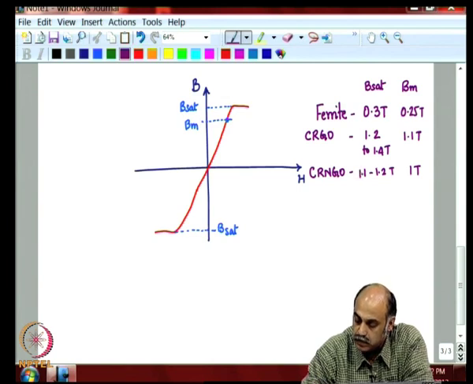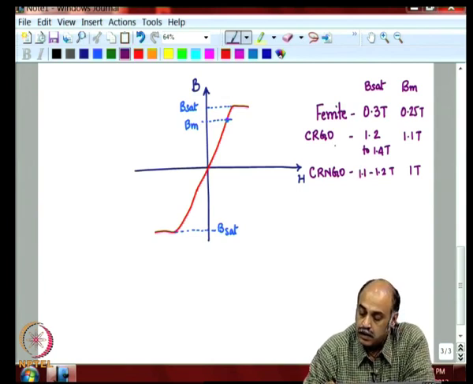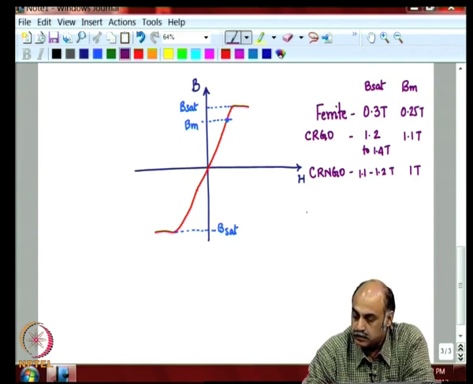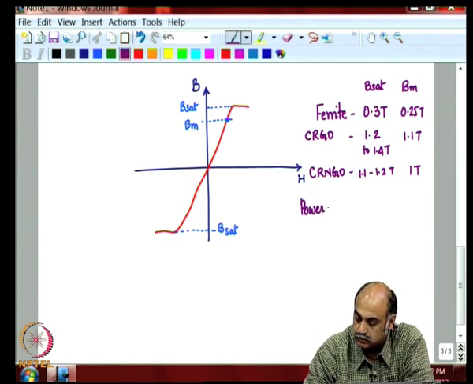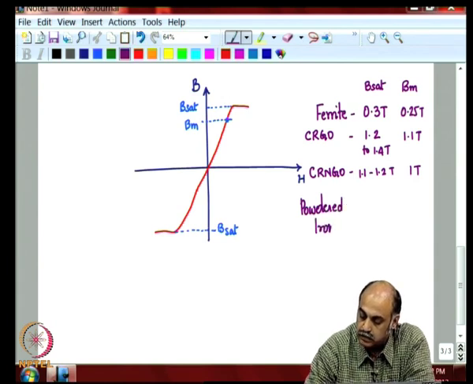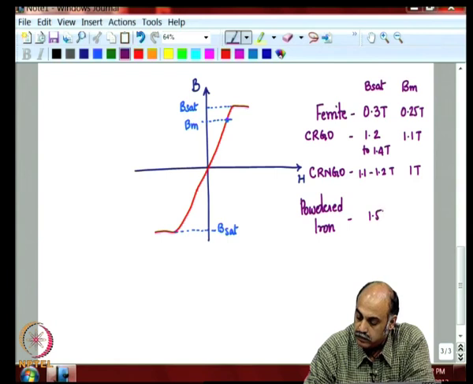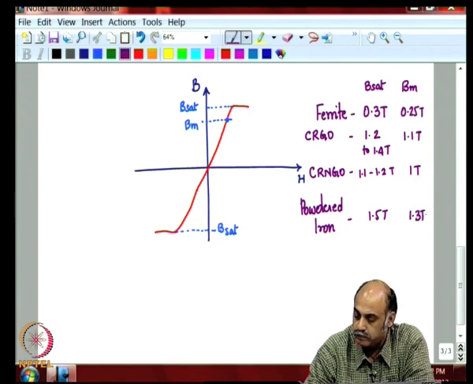Then you have a few other materials like powdered iron, around 1.5 Tesla, so people may use up to 1.3.